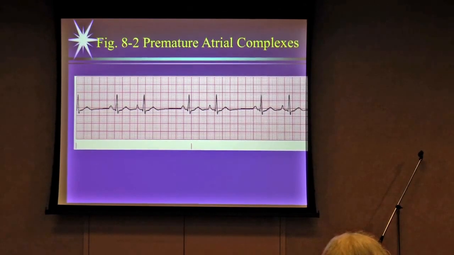That's why, remember I said the most important thing is to find out, are those extra beats conducting and making a mechanical contraction? Because you're talking the difference between a heart rate of 70 or a heart rate of 40. So obviously the patient's mental status is going to be greatly different depending on what their heart rate is. So that's the more important thing: are these impulses conducting?